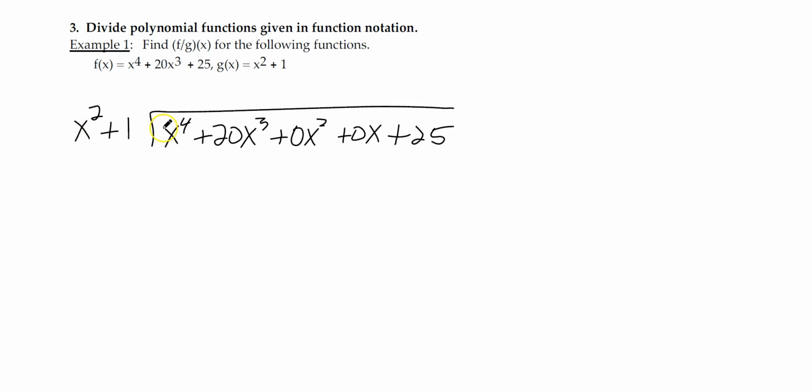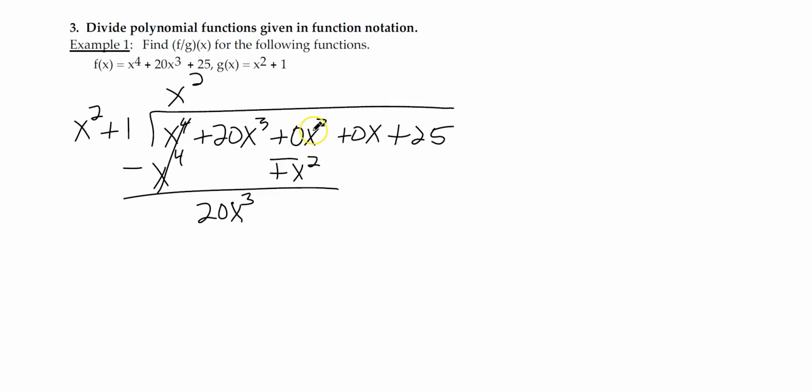X squared times what is x to the fourth? That would be x squared. Distribute x to the fourth plus x squared. Make sure you get that in the right column. It's way over here. And draw the line and change the signs. Now we have these reduce. This one, 20x cubed plus 0 would be 20x cubed. And 0x squared minus x squared, that would be minus x squared.